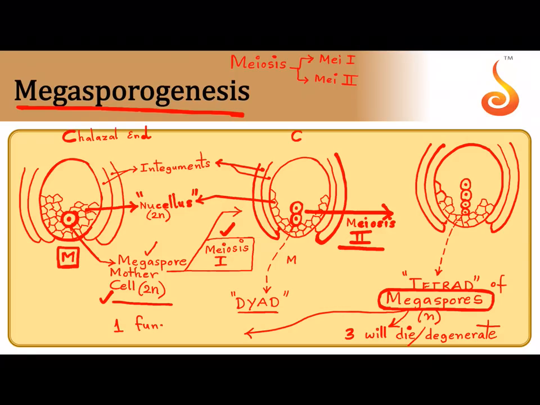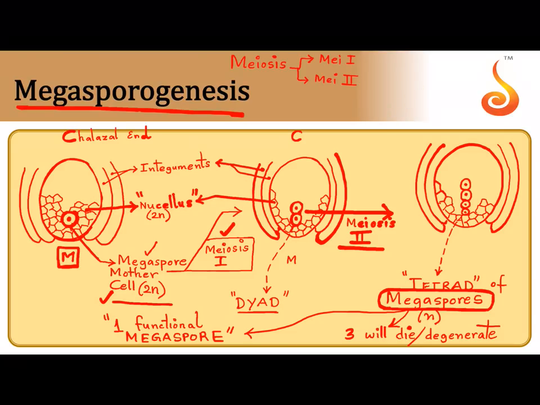One surviving, the one who gets to survive out of the four is called the one functional megaspore. How many megaspores are formed? 4 megaspores. Out of those 4 megaspores, who will die? 3 of them will die. Only one survives. Who is that lucky one who is going to survive?